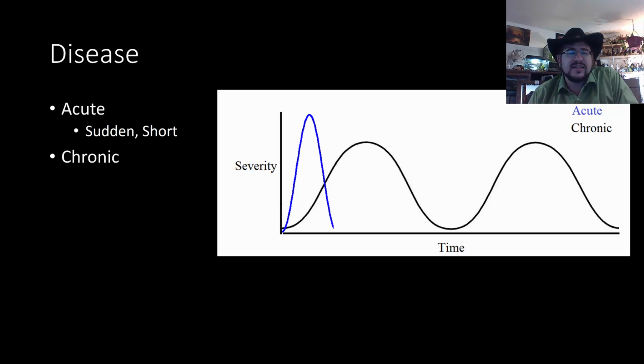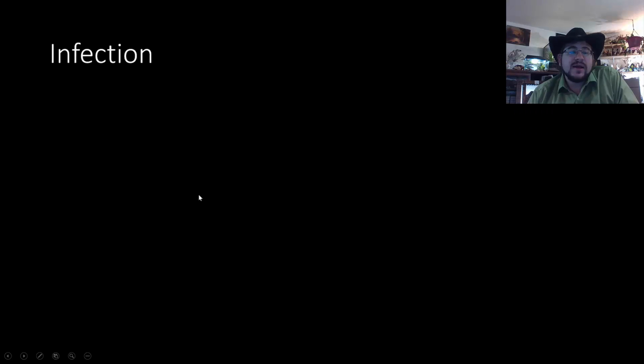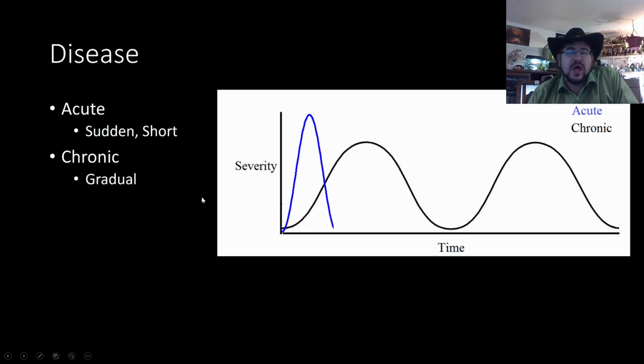We can contrast this with a chronic disease. Chronic diseases generally have a gradual onset. We can see our chart of increasing severity, gradually increasing over time. Chronic diseases are often long-term diseases, so they last much longer than an acute disease.